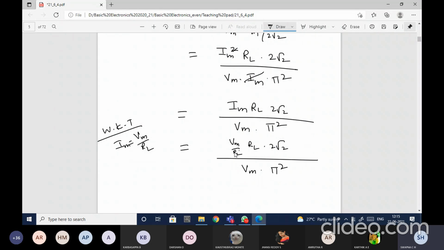This RL and this RL will get cancelled, and this Vm and this Vm will get cancelled. So the transformer utilization factor finally is 2 root 2 divided by pi square. Can anybody tell me what value you'll get here? 2 root 2 by pi square.